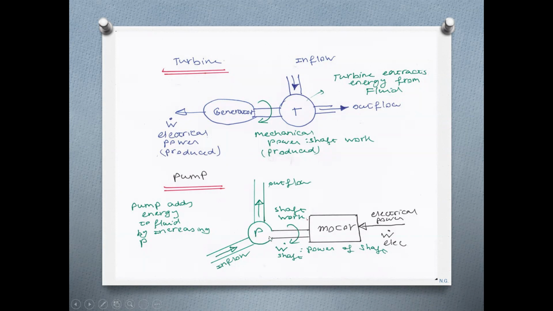The pump uses this shaft work or mechanical power as the input and transfers it, not all of it because the efficiency is not 100%, but a fraction of it, to the working fluid. So the mechanical energy of the fluid at the outlet of the pump is higher than at the inlet. Is there any question, guys?